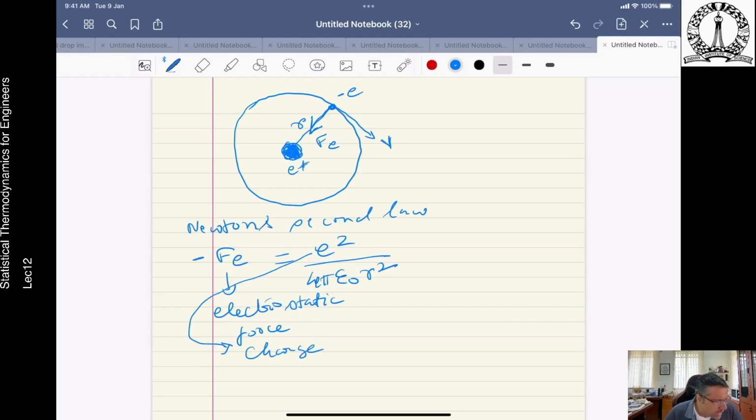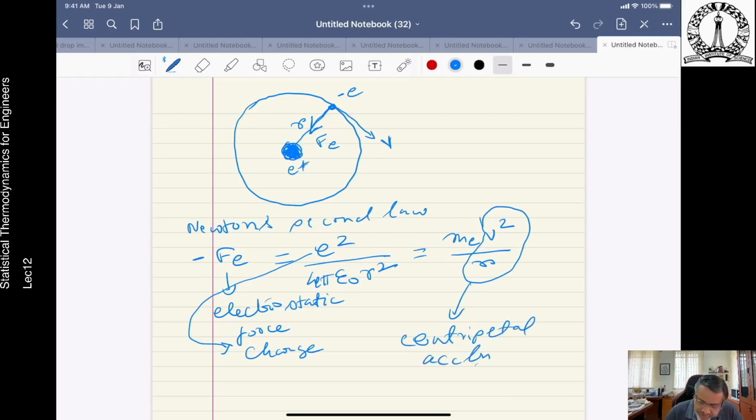And this should be equal to the centripetal force, which is given as me v squared divided by r. This part of the term is called centripetal acceleration, and me is the electron mass.